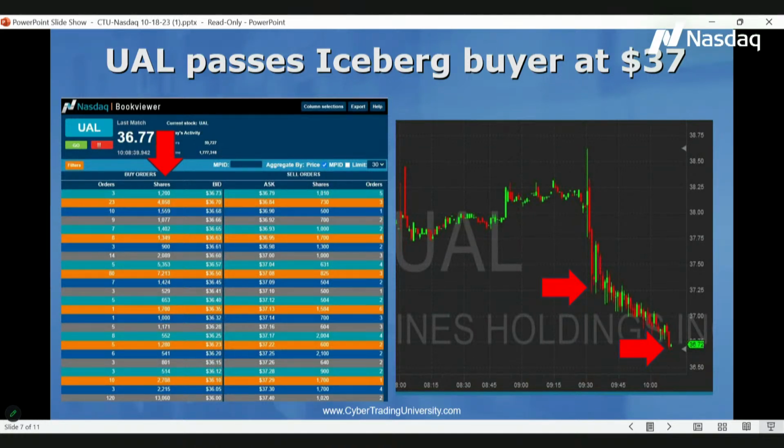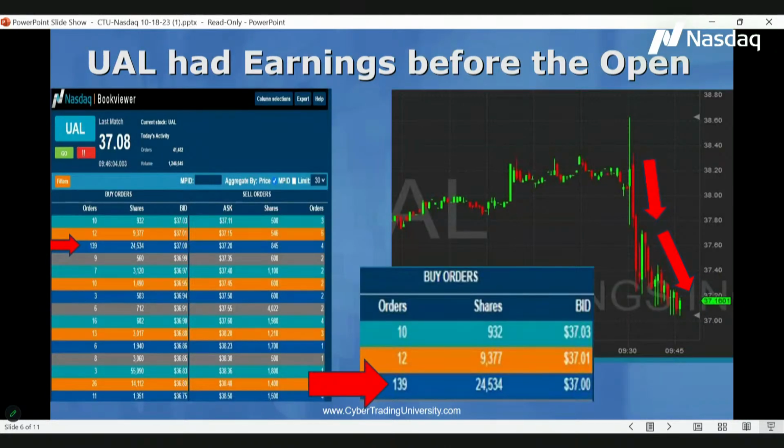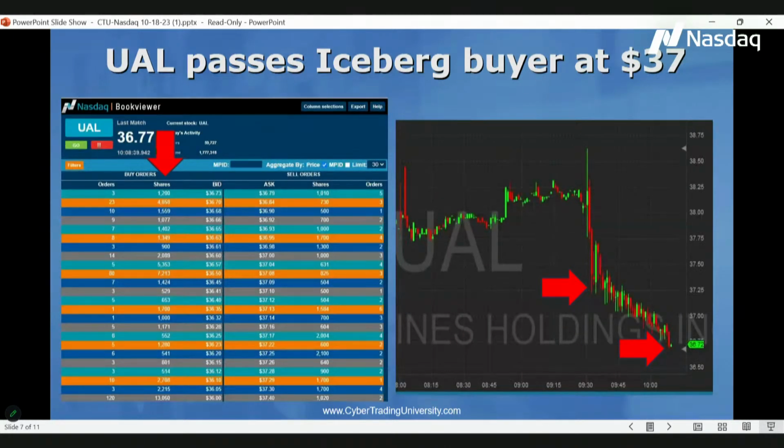But what's happening when you look at the chart, this is right at the open. It was trending down. You see how it had a little bit of a slingshot. You had that big candlestick, but it kept going lower. Now, what's key here is this. What we focus on is there are big buyers, and the first thing we assume is there are big buyers out there, that's where the support level is. But in this case, the buyer got executed. And somebody says, you know what, you want to buy the 24,000?